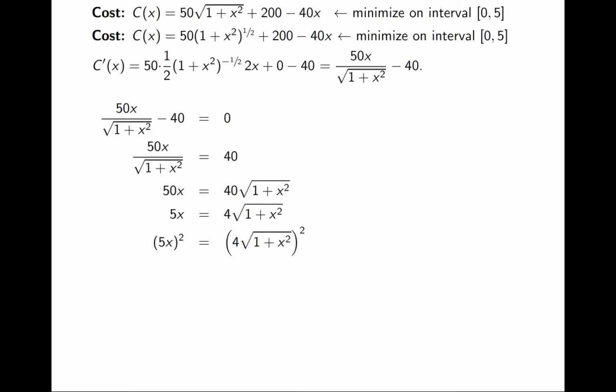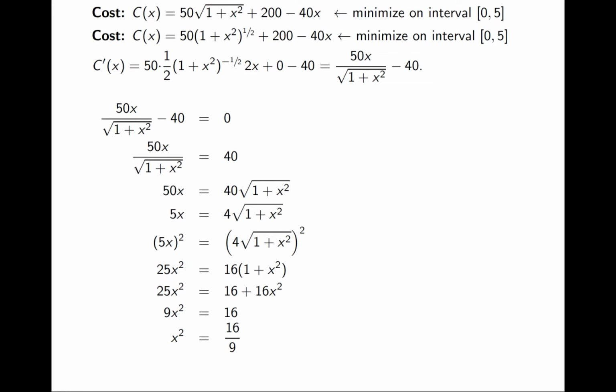Now the 5x squared on the right is 25x squared. The 4 root 1 plus x squared, whole thing squared, is 16 times 1 plus x squared. Good, we got rid of the radical. Let's multiply that 16 through, and we can collect like terms. We can subtract a 16x squared from both sides, and we get 9x squared equals 16.